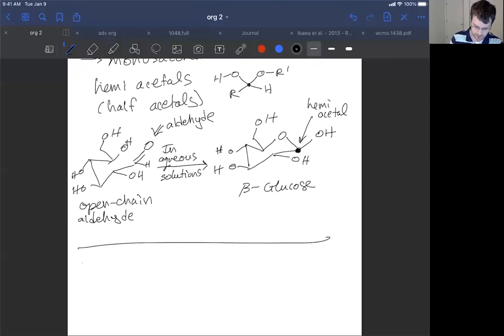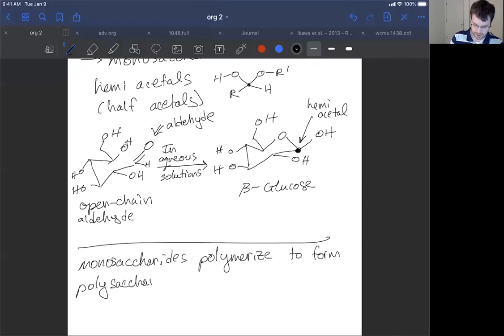Now, as I was alluding to, monosaccharides, these single sugars, polymerize to form polysaccharides, and these polysaccharides are connected by acetal linkages.